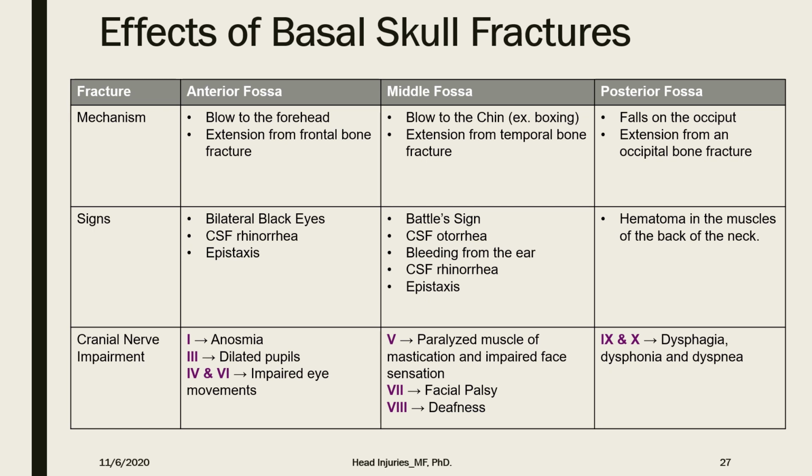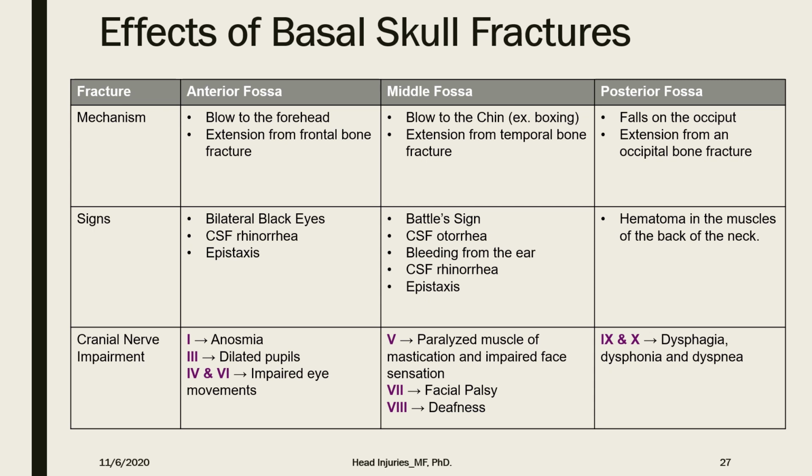For example, if the fracture happened in the anterior fossa, as in cases of blow to the forehead, or as an extension from a frontal bone fracture, usually the patient suffers from bilateral black eyes. Sometimes it is called raccoon eyes. There will be cerebrospinal rhinorrhea, where the cerebrospinal fluid is coming from the nose.